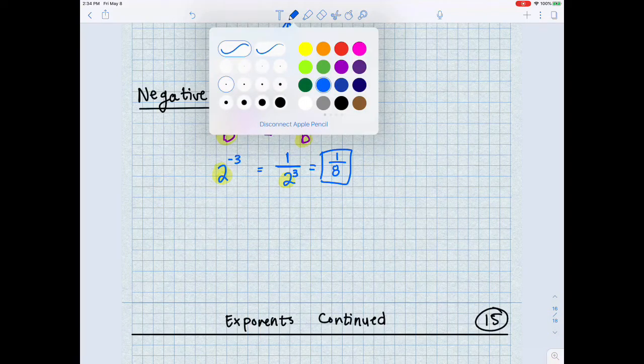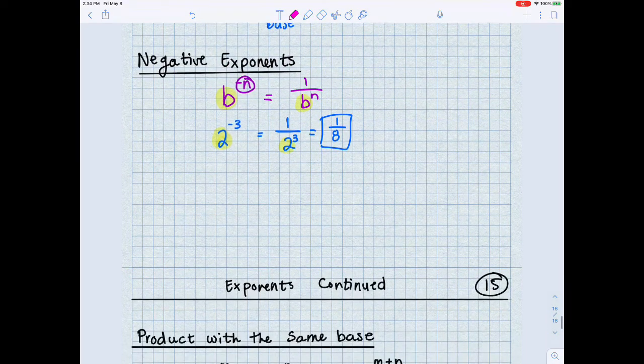Let's do another one. We're going to do 16 raised to the negative second power. So again, your numerator is 1. Your denominator is the same number as your base, just like that.